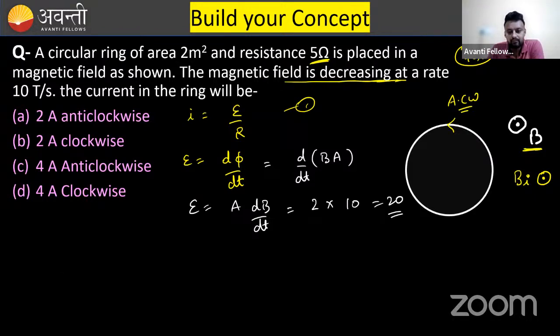So EMF is 20. If you put this EMF in equation 1, you will get current. I is equal to 20 by R, which is 5. That is 4 ampere. So 4 ampere current in the anti-clockwise direction, that is option number C.